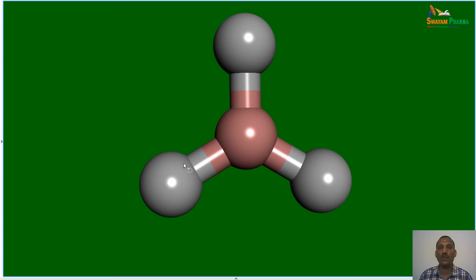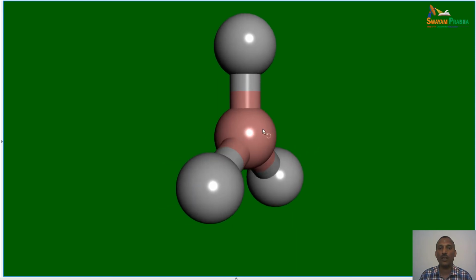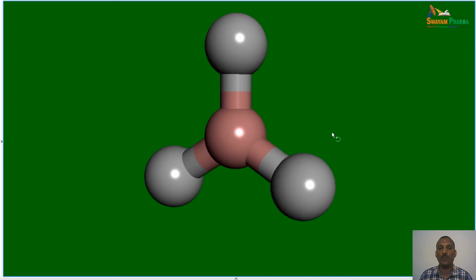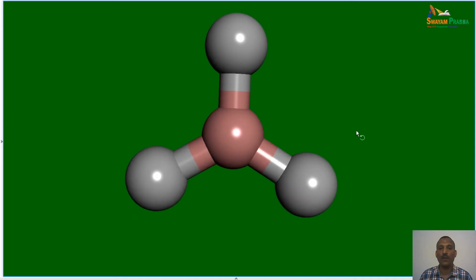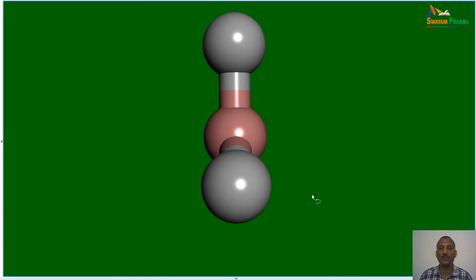So this molecule has a C3 axis of symmetry. This is the maximum Cn, the C3 axis, and we also have another C2 axis for this molecule. If I rotate the molecule like this, perpendicular to the plane, I get an identical representation as the initial one. So here I have a C2 axis when I rotate like this.